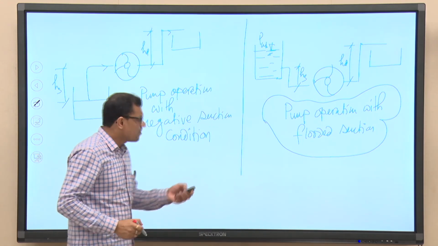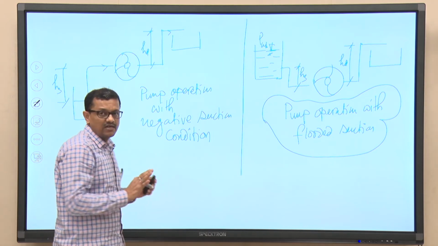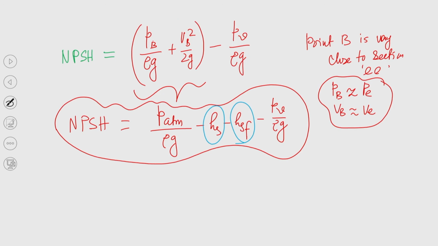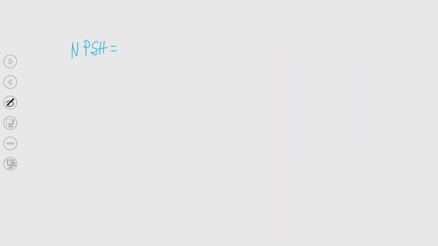Okay. So, this is what I wanted to discuss today. Very quickly I will discuss NPSH. So, what is NPSH? If we go back, P atm by rho g minus Hs minus HSF minus PV by rho g. Okay. So, this is P atm by gamma minus Hs minus HSF minus PV by gamma, right.